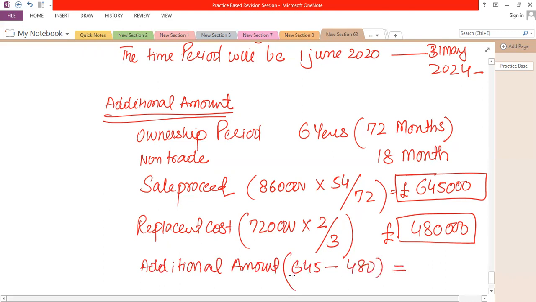And how much is that? It's 1,65,000. So in order to get the maximum rollover, we have to incur further expenditure on a qualifying item so that it becomes maximum rollover relief.